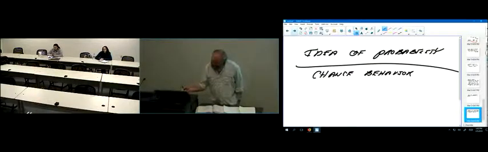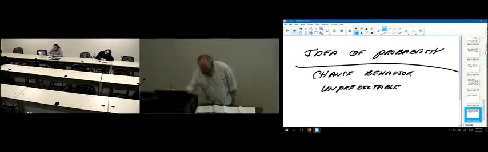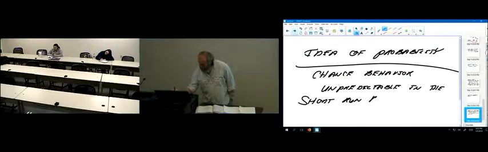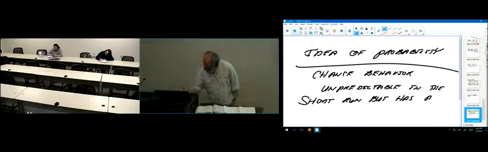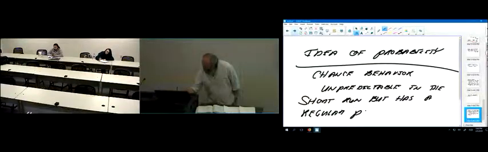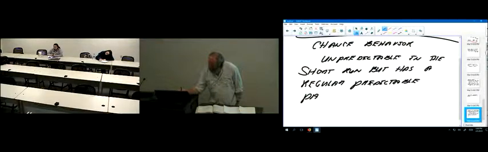And what I mean by that is unpredictable in the short run, but as a regular, predictable pattern in the long run. And what I mean is this.